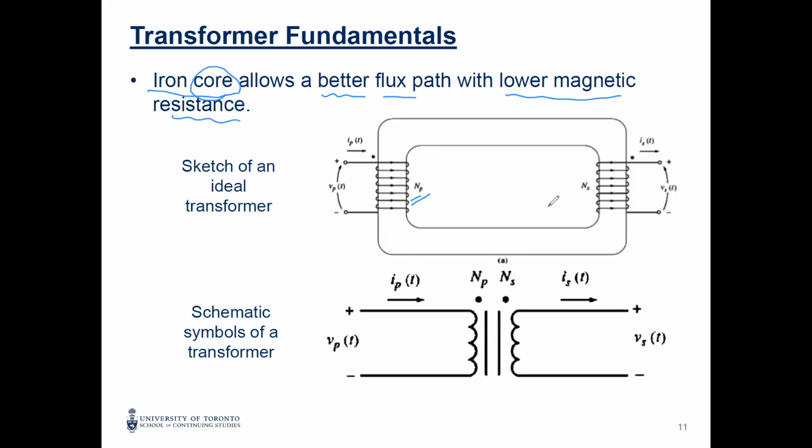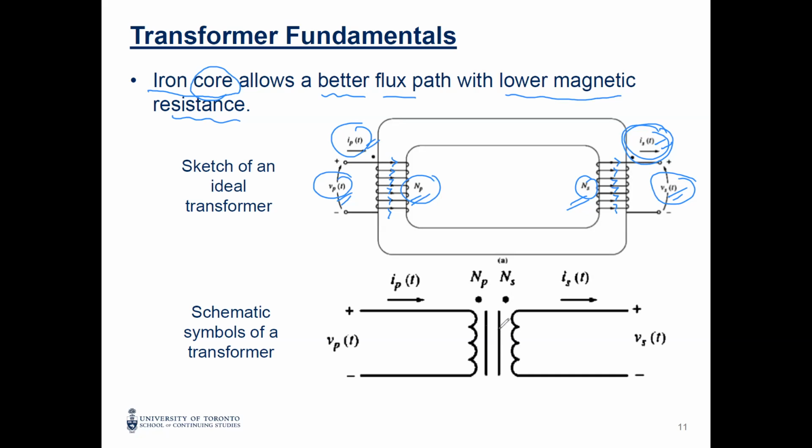We have one primary, one secondary, primary and secondary voltage and current. NP is the number of turns of the primary. For the secondary, we have the number of turns of the secondary, NS. Currents: IP is the primary current, IS is the secondary current. Voltage: VP and VS, voltage at the primary side and secondary.